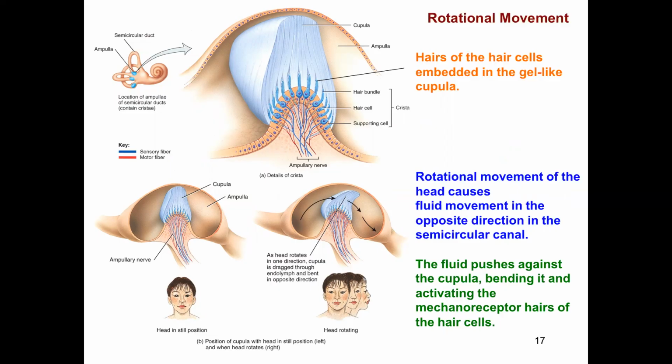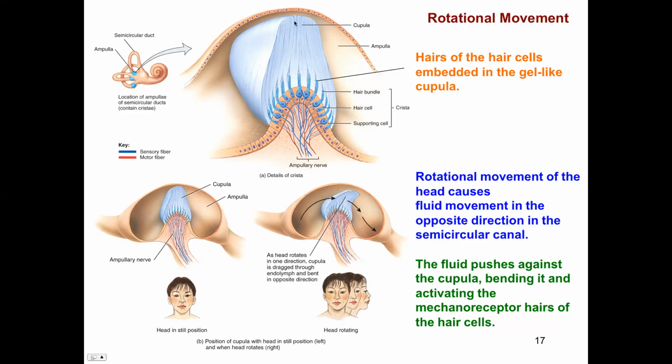What's happening here for rotational movement, and remember this is in the ampullae of the semicircular canals, is that we have hair cells sitting on a little raised structure. Together, the support, the hair cells, and the bundle are called the cristae.